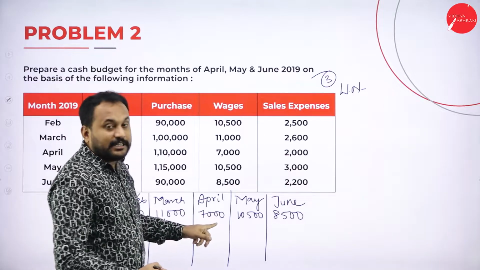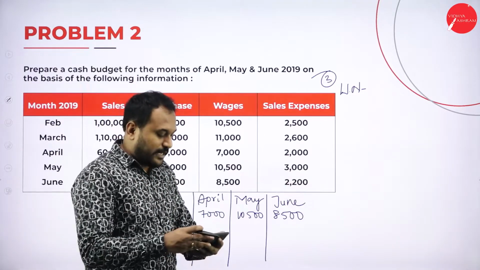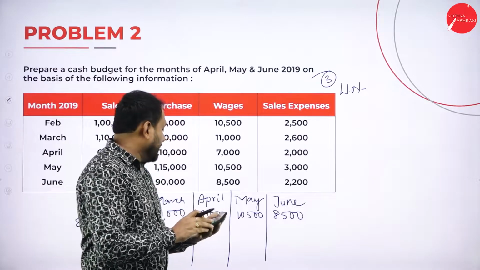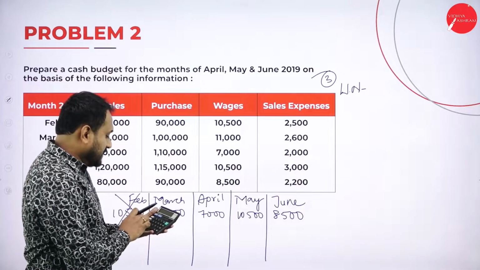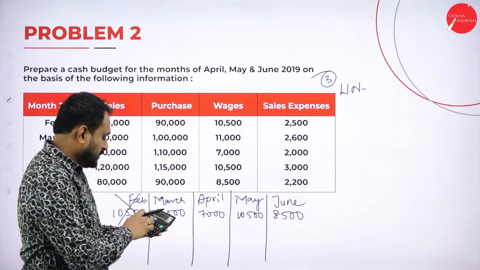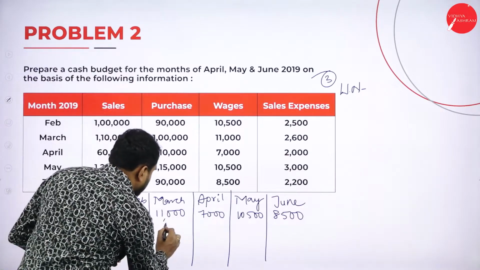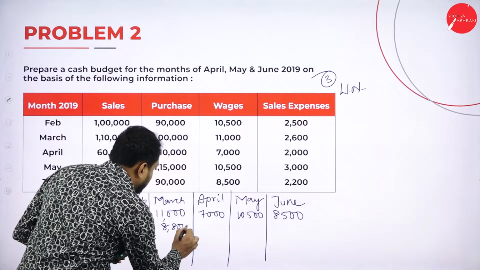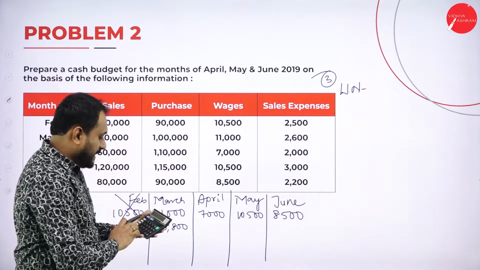So April 7,000, 80% is paid in the same month. So here we'll calculate each and everything. Let's go with 80%. March is 11,000 into 80%. So it is 8,800. Next, same way, 7,000 into 80%.